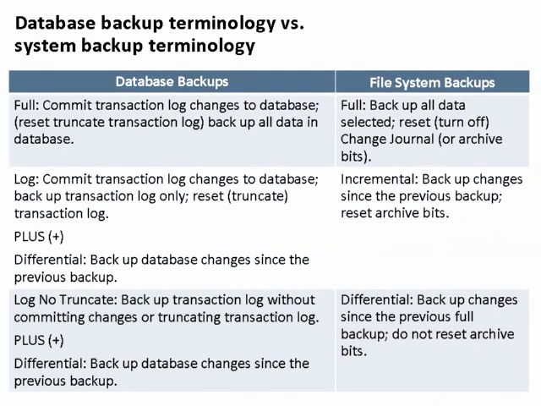In database terminology, you have several different types of backups that are similar to the backups we see in file systems. In a file system backup, a full backup backs up all the data that's selected, and it resets either the change journal or the archive bits. In database terminology, that concept is the same, but it applies only to the database. So when I back up a database, I'm doing a full backup of the database.